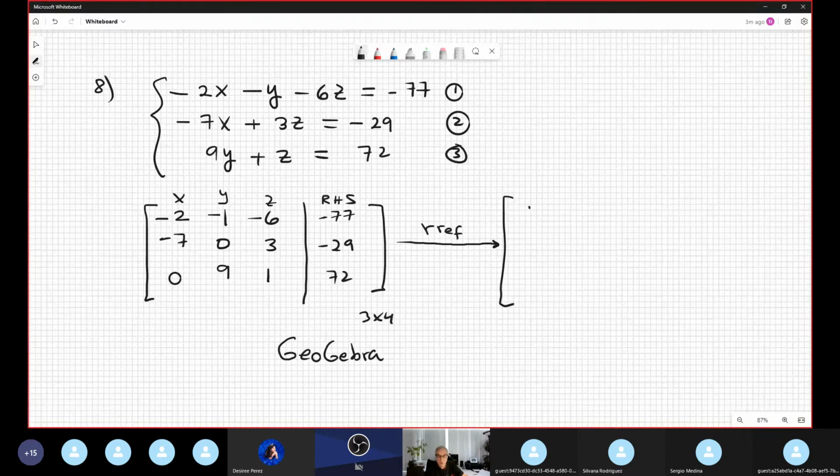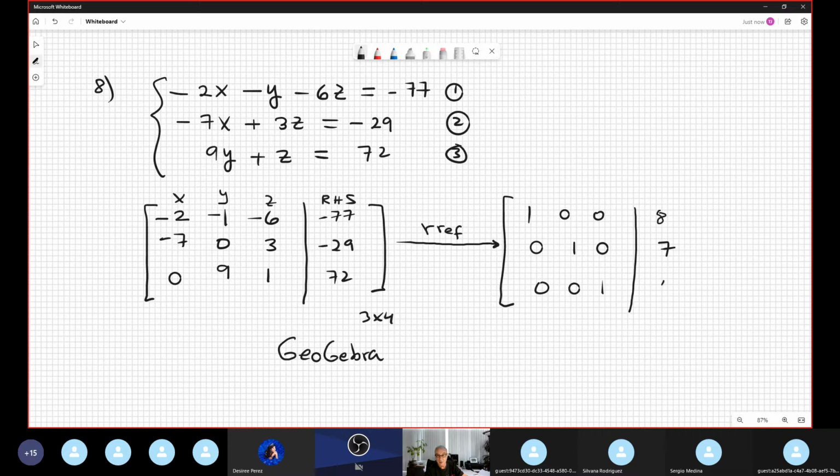Is 100, the line, the vertical 8, and 0107, and 0019. Okay, so this is typical format.